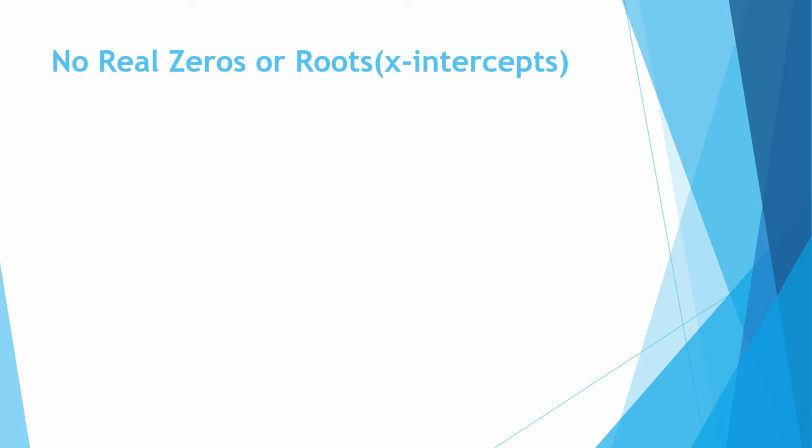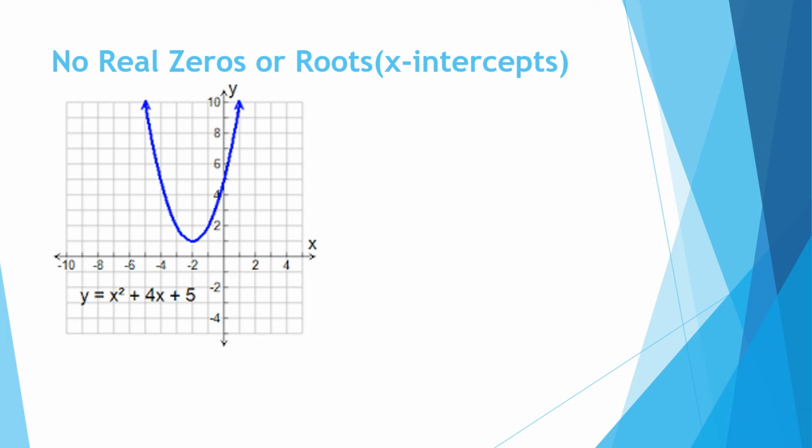When there are no real zeros or no real roots, which means the graph does not cross the x-axis, notice that the red line does not even touch the blue graph. Therefore, there are no real zeros, no real roots.